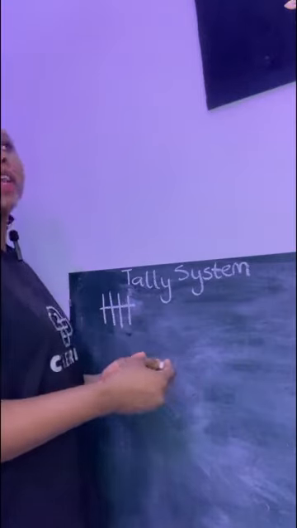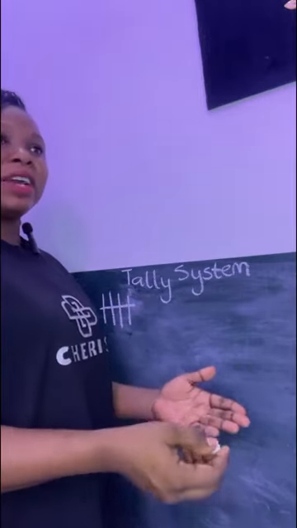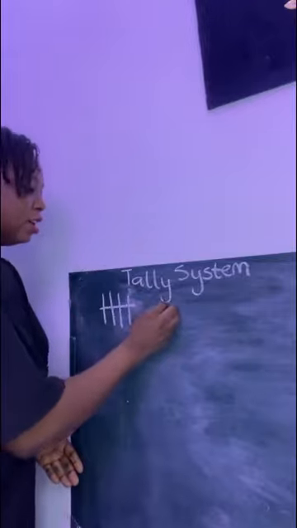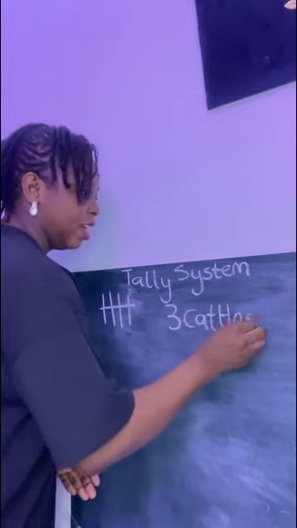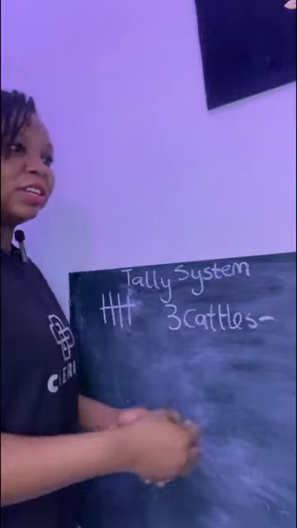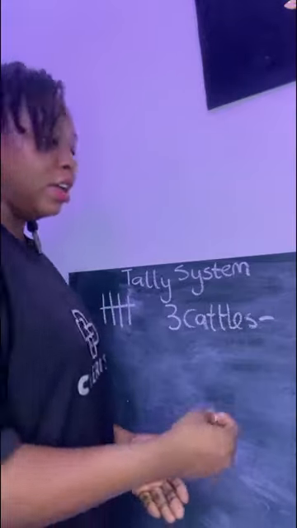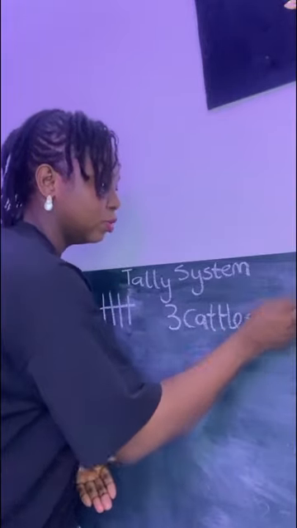So for instance, if a man had three cattle and wanted to indicate it, all he would do is 1, 2, 3.